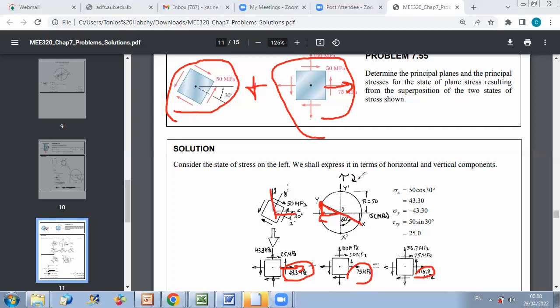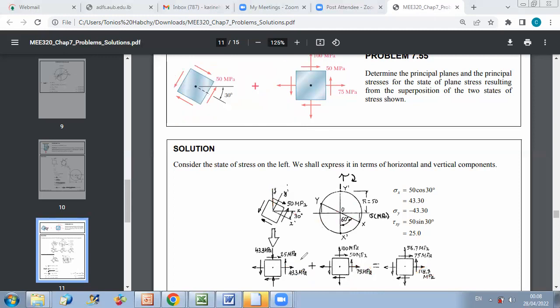Now same for y. So for sigma y, pay attention if you have opposing effects. So here you have in y, you have tension, so it's plus 100, while in the first loading, it will result into compression state of stress in y, it's minus 43.3. This is why when you do the addition, you do the algebraic addition.